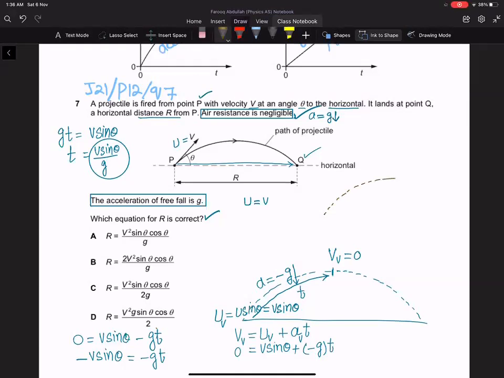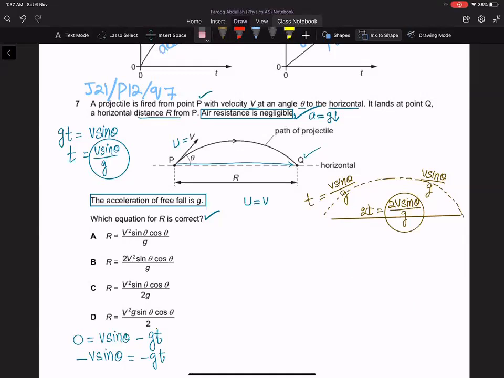This time is v sine theta over g, and from the other side, the time to return to the ground will also be equal to v sine theta over g. So what would be the overall time? The overall time of flight, 2t, will become 2v sine theta divided by g.